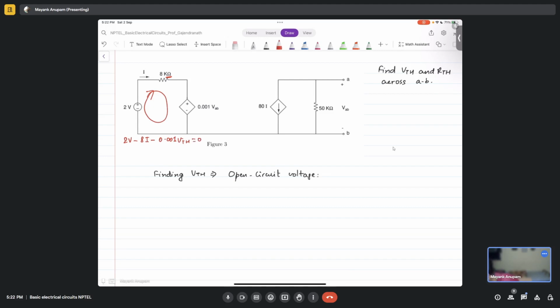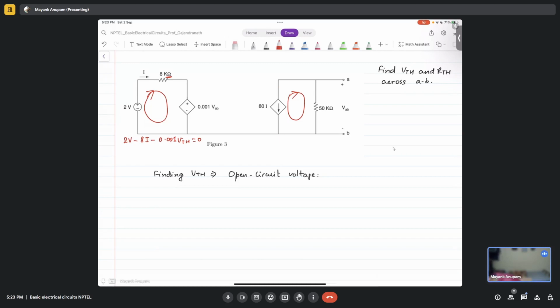What will be the equation here? Again I go in this direction only. I do not know the voltage across this current source, but I do not need it, right?